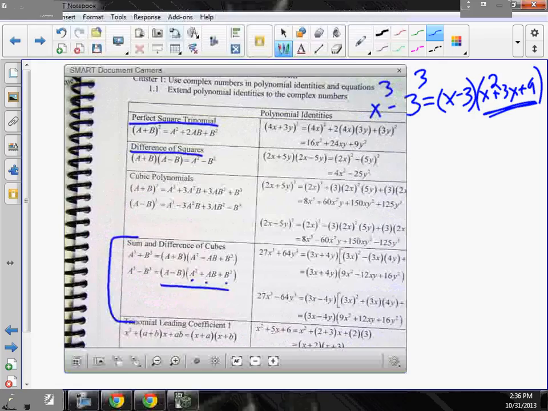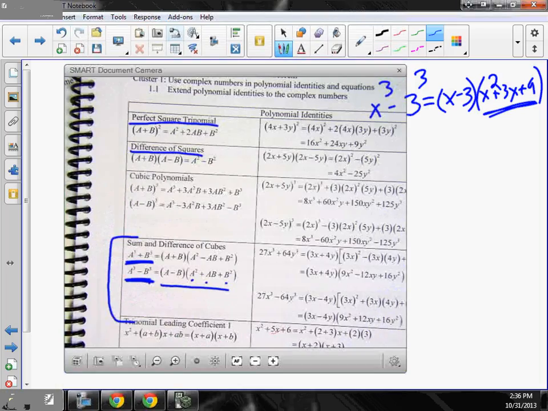But notice, in addition to a difference of cubes, there's also a sum of cubes. And the reason that happens is the same reason that you cannot square root a negative number. If you square root a negative number, you get an i. But if you third root a negative number, that works, because negative 2 times negative 2 times negative 2 is negative 8. So there is a sum of two cubes.